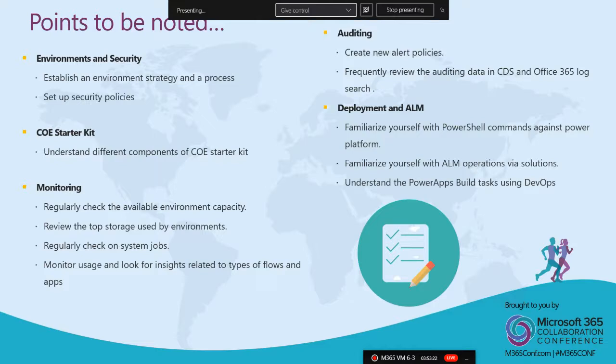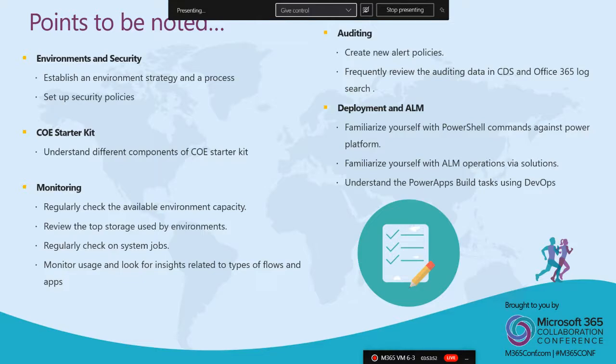In terms of monitoring, regularly check the capacity available to ensure new environments can be created by users in your tenant. Regularly review the top storage used by environments to ensure that no environment shows up that is not expected, right? So regularly check all those monitoring analytics reports that we have just seen a few minutes back.